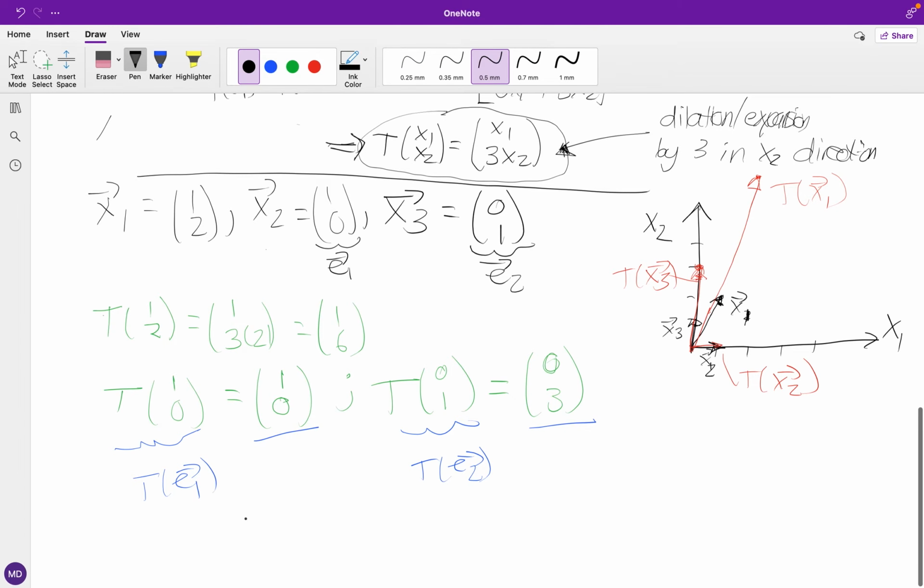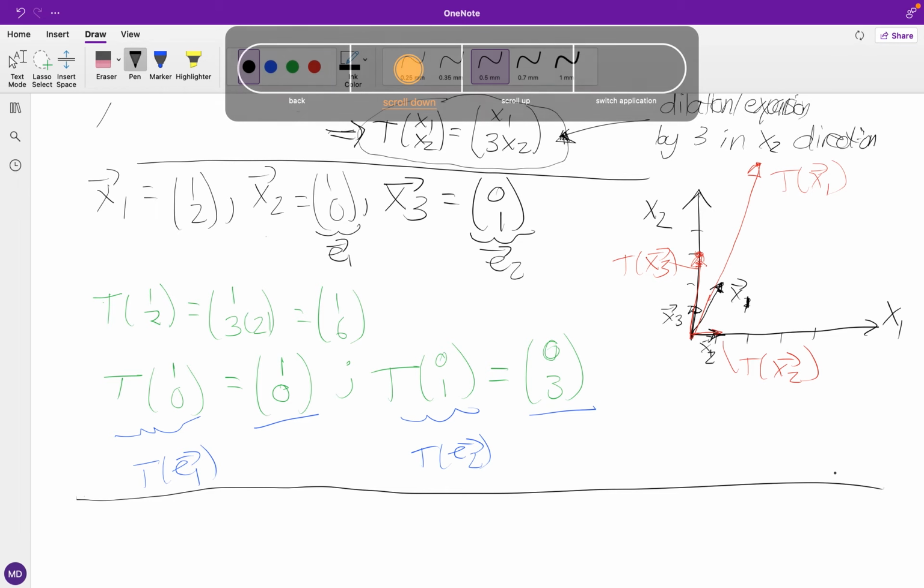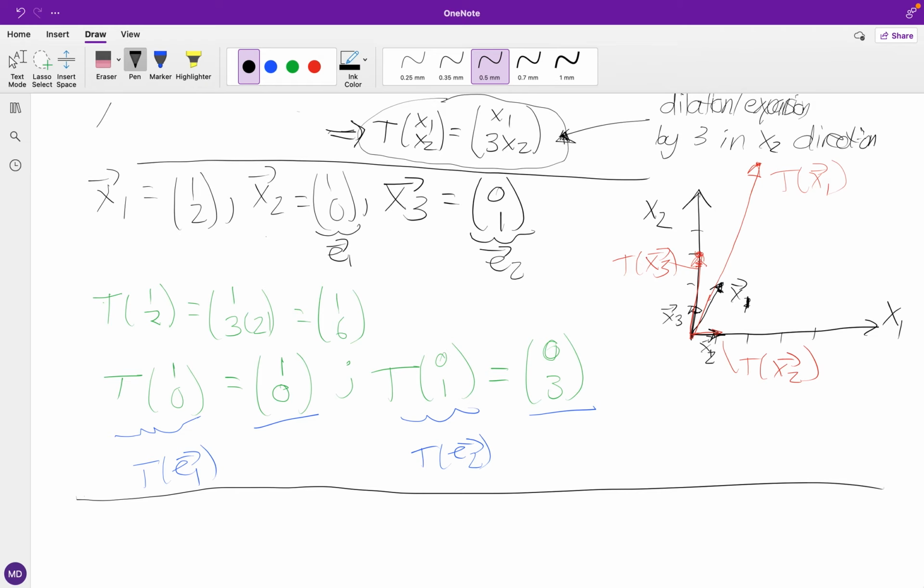Okay, and now let's do one more example. So we did a stretch by a factor of 3 in the x2 direction. Now let's say we want to determine the matrix for a reflection. Now I'm going to exploit the fact that A, like I said before, is equal to the transformed basis vectors as its columns, T of E1, T of E2.